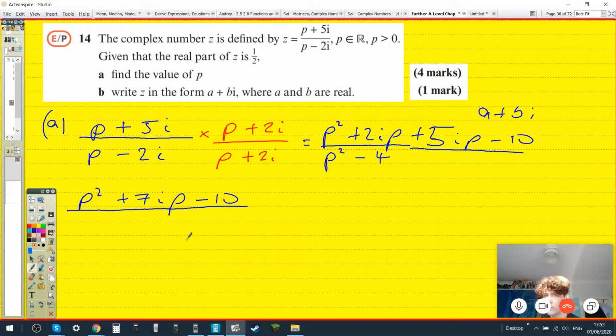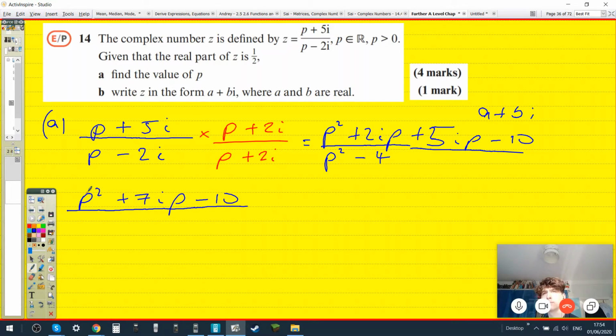Okay, what is next? We can cancel out the p squares. No, do we have to do another one? So multiply it by p squared plus 4 over p squared plus 4. That feels like just going in circles.